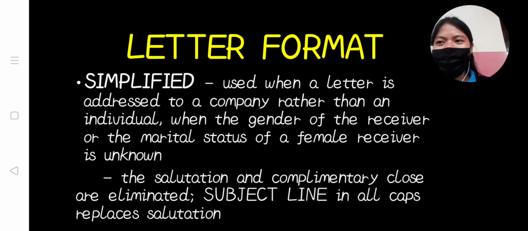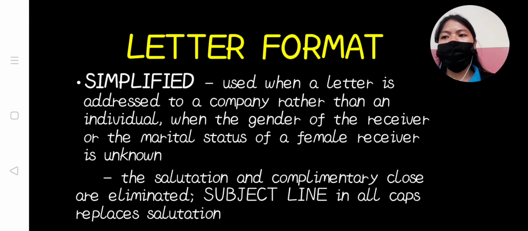Now, what is different in simplified compared to block and modified block? It is because the salutation and complementary clause are eliminated. No salutation, no complementary clause. Instead, the subject line is used on behalf of the salutation.